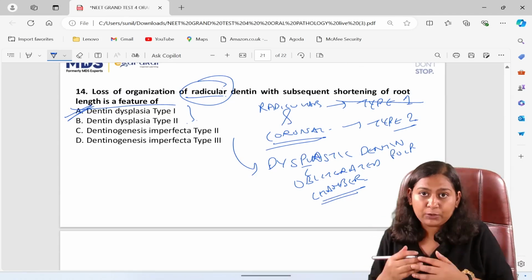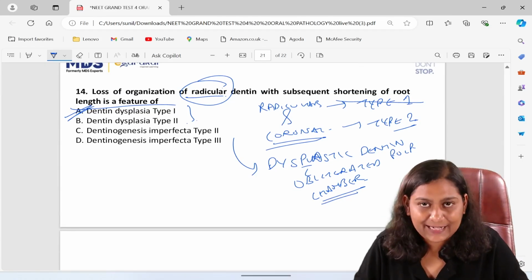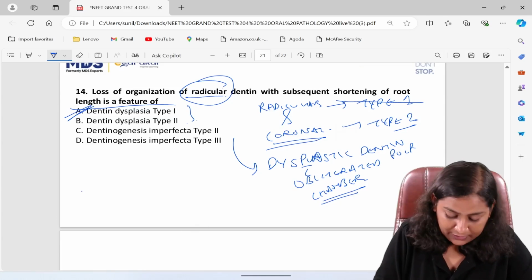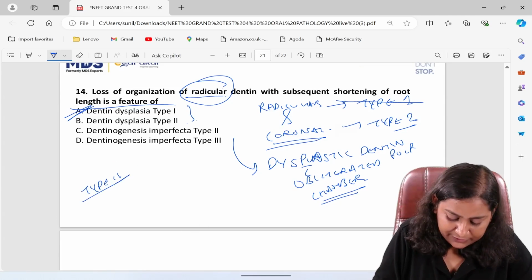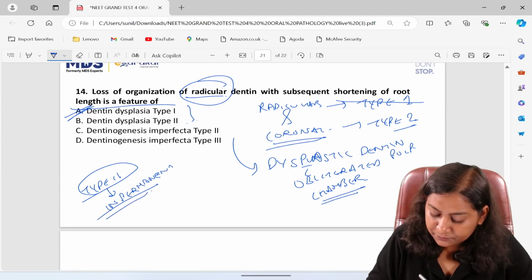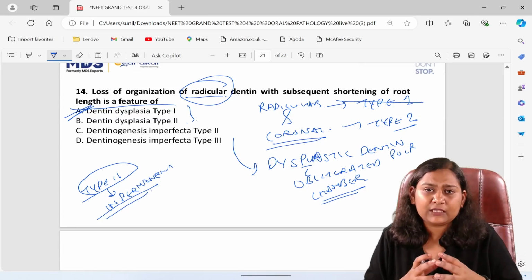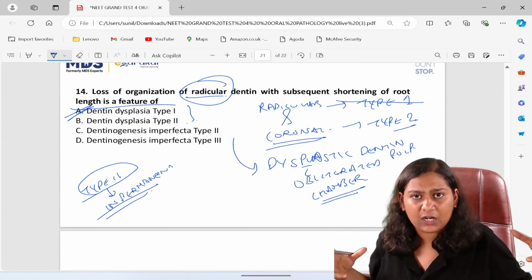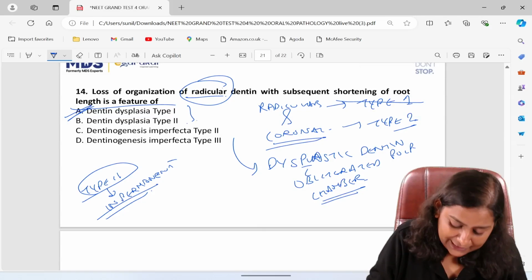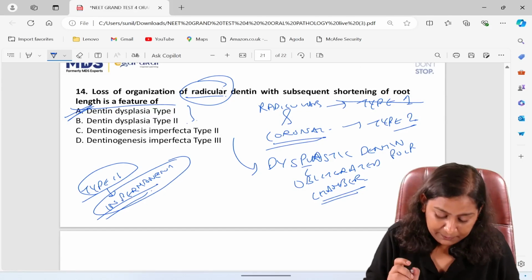Similarly, in type 2, okay, now there is a slight twist. Type 2, that is coronal. In permanent dentition, what will happen? The pulp chamber will be large, the dentine will be very small, but that will be in permanent dentition.